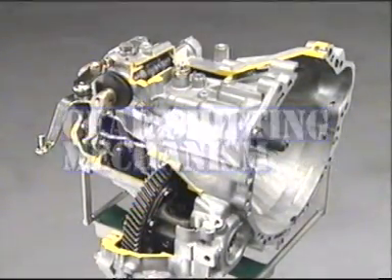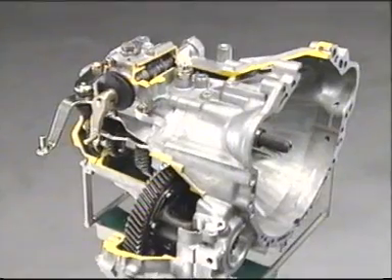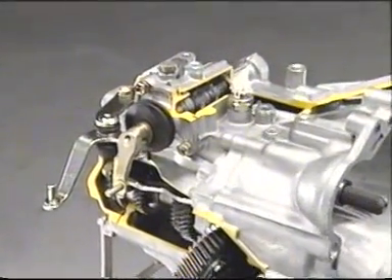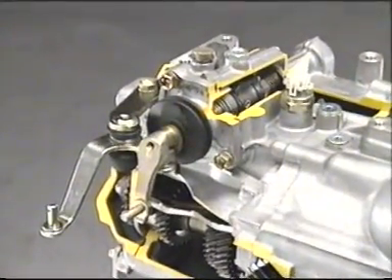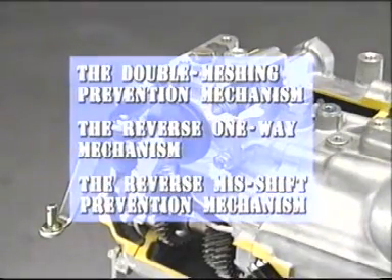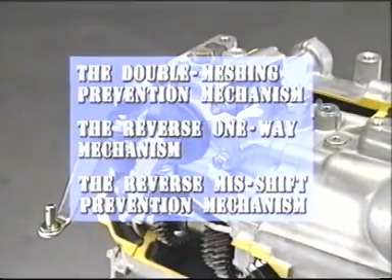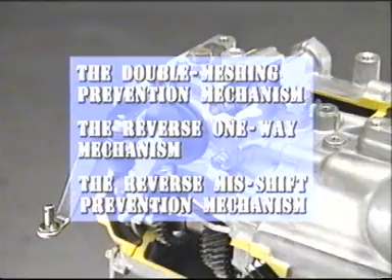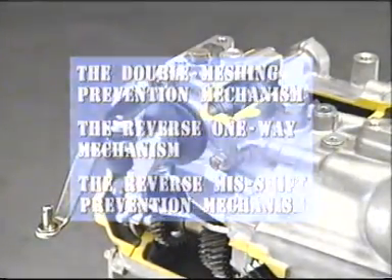This part of C50 shows the shift and select lever shaft, which incorporates the double meshing prevention mechanism, the reverse one-way mechanism, and the reverse miss-shift prevention mechanism.